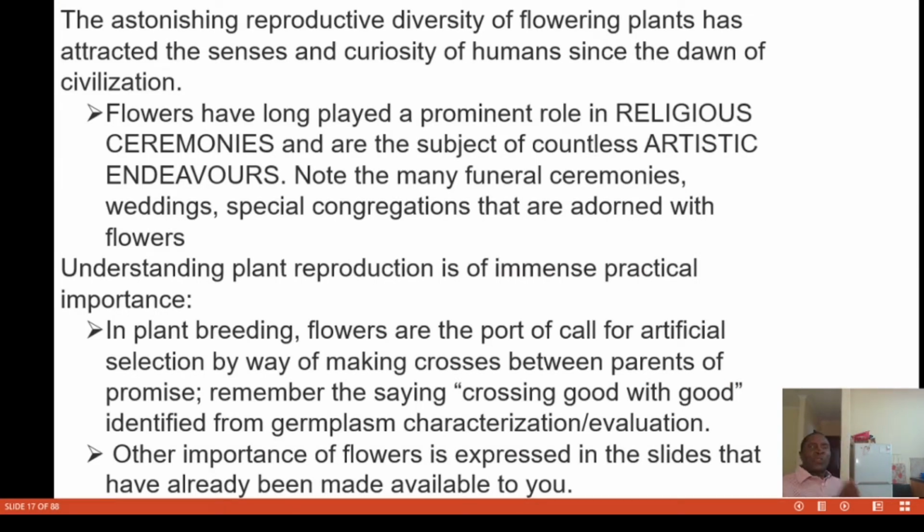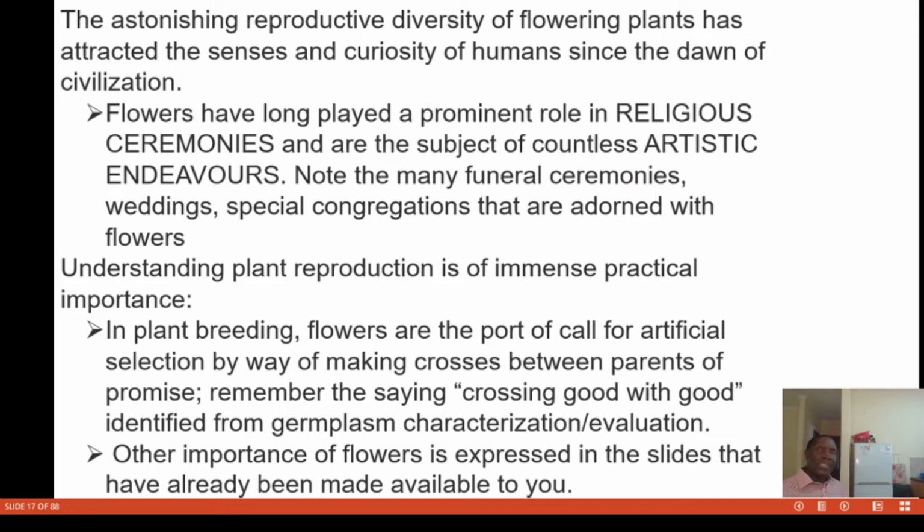So really the astonishing reproductive diversity of flowering plants has attracted the senses and curiosity of humans since the dawn of civilization. As we know, till today, flowers have long played a prominent role in religious ceremonies.